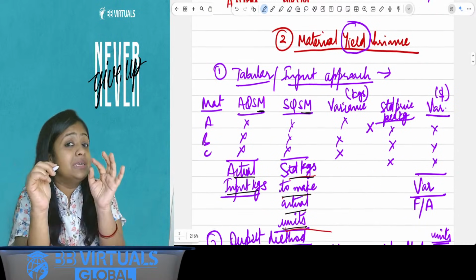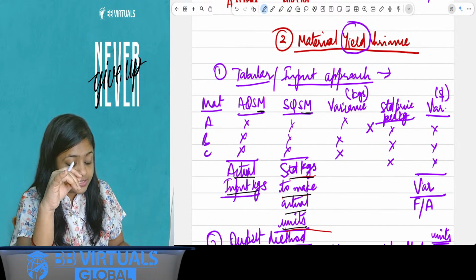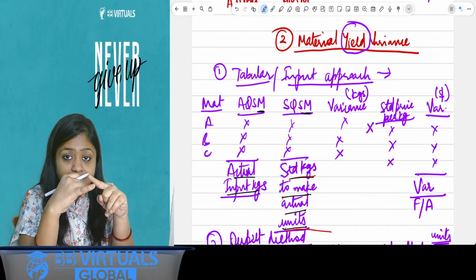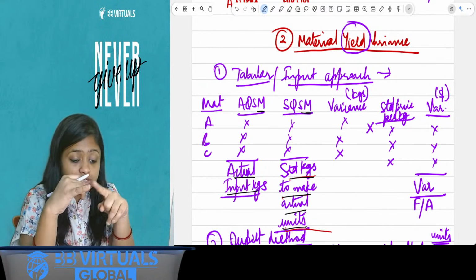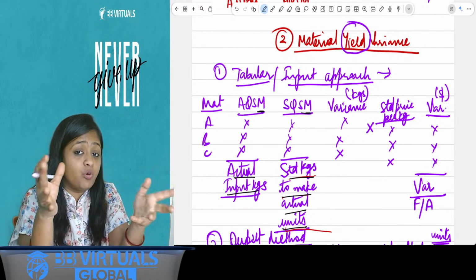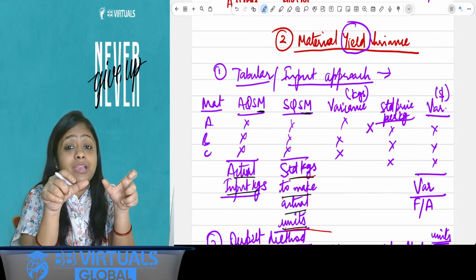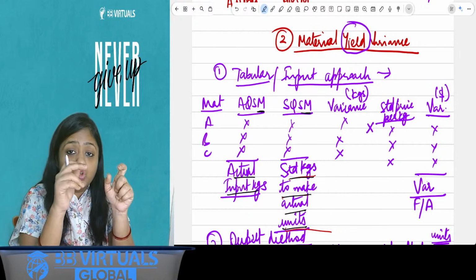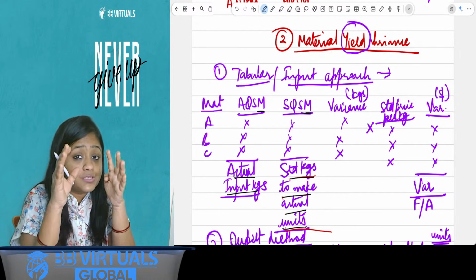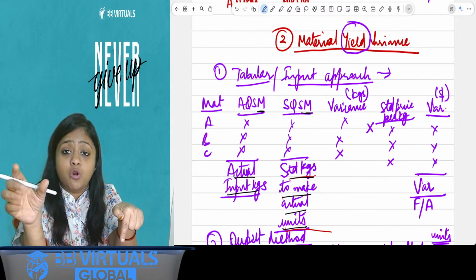Now I take up material yield variance. Now look at the pointer. What is the variable point? The variable point is yield. Very good. The variable point is yield, my friends. When the variable point is yield, what does it suggest? That now you have to take the difference between the yield. Yield means quantity. So you will take the difference between, if we produce the goods in standard mix only, what should have been the input to produce the actual output?